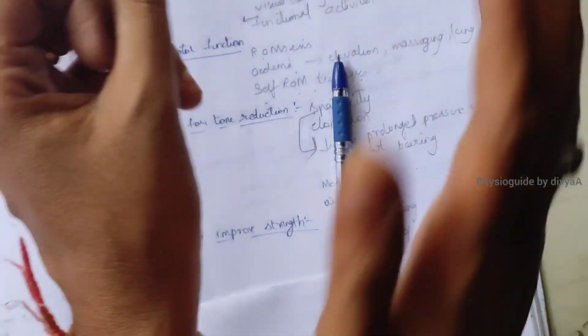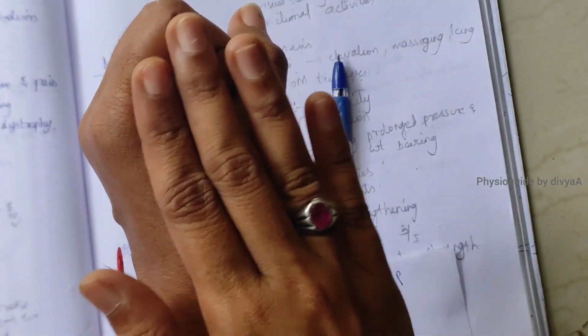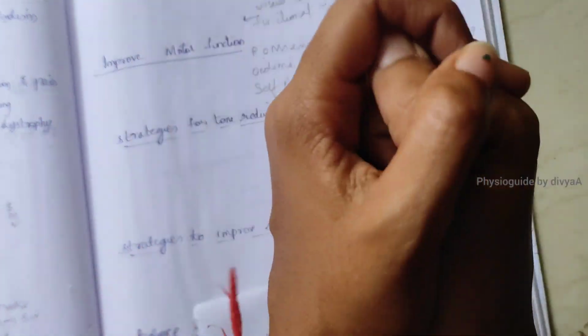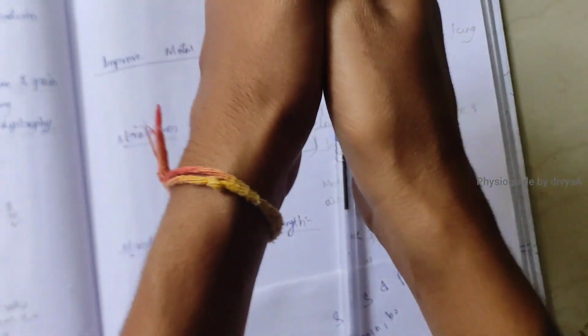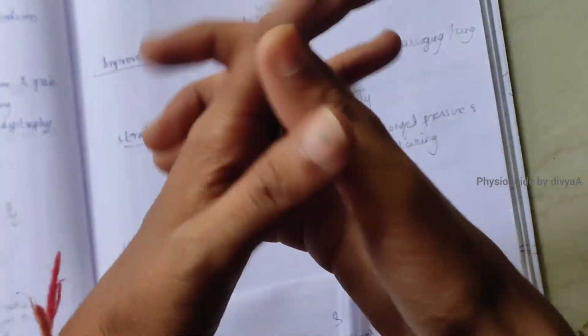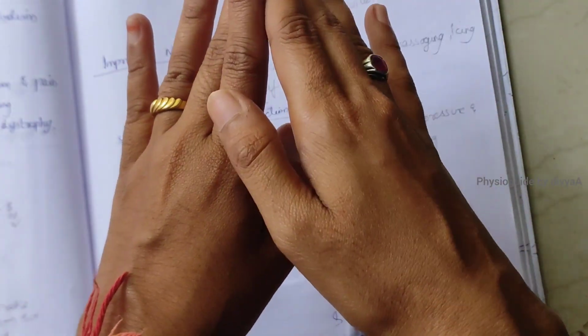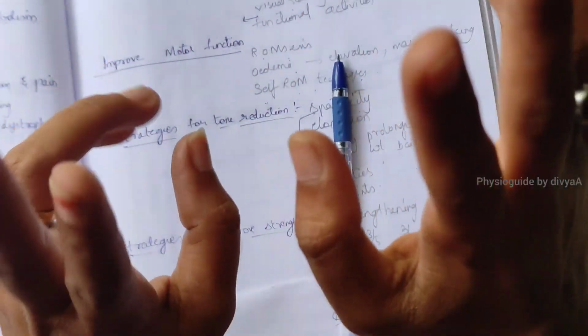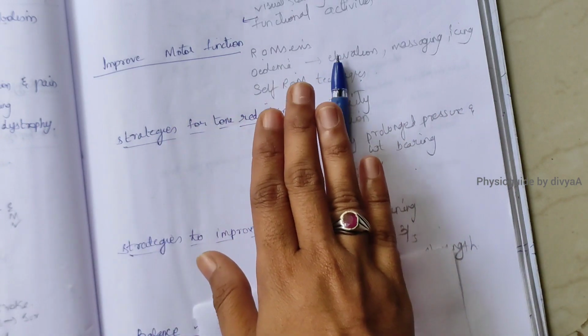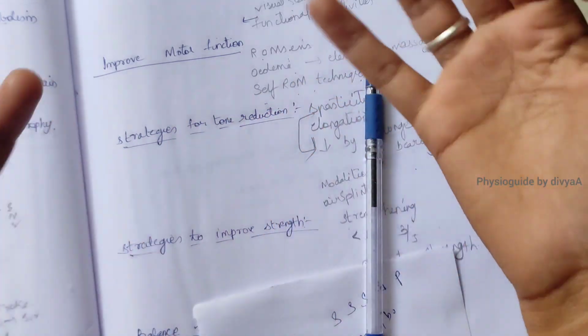Tabletop polishing with the unaffected limb, forward, backward and side to side. Sitting, hands clasped together and reaching to the floor. Supine, both hands clasped together and placed behind the head with the elbows flat to the mat. These are the self ROMs to be done by the patient themselves.